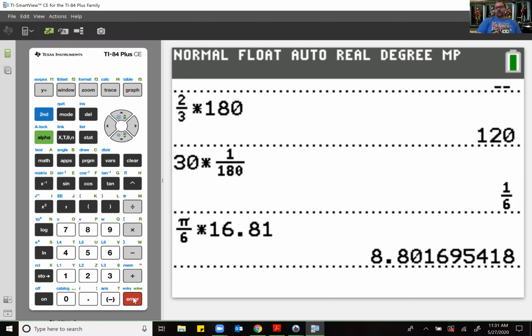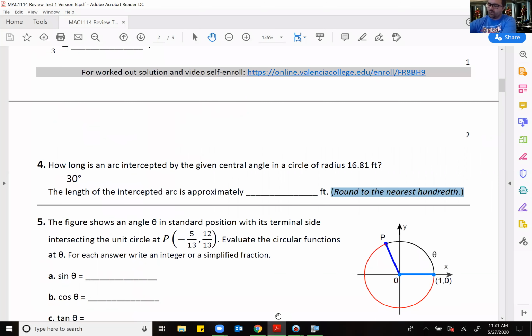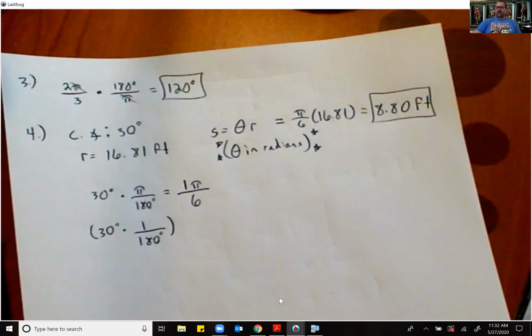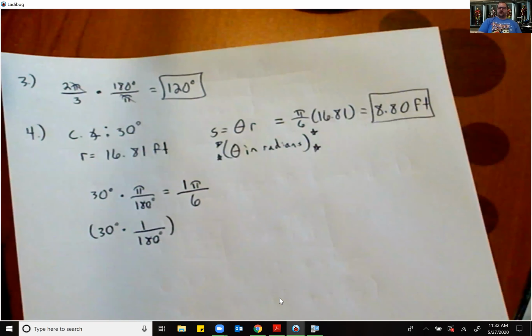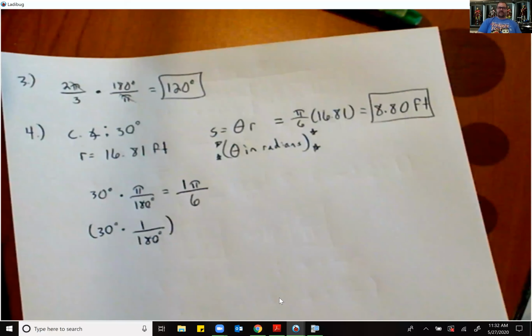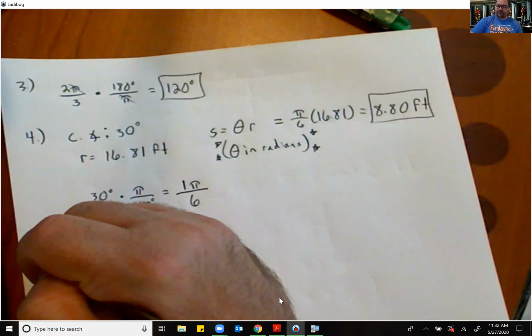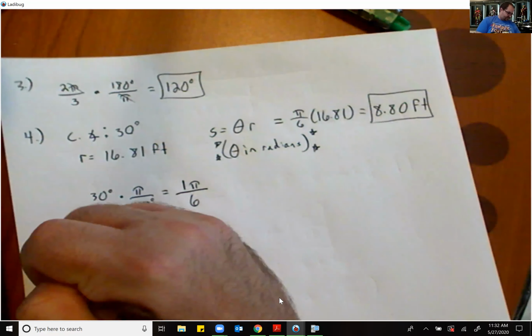And always a label is good because this is an actual problem in the real world. So that is 8.80 feet. That would be the answer I put into my math lab.